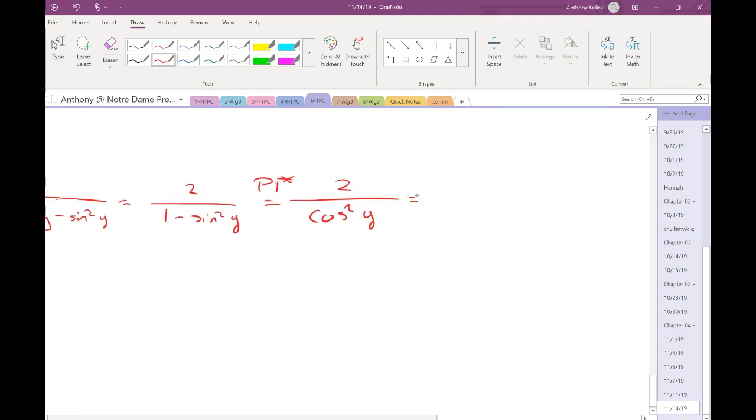Then there's one more thing to do. What was that, Brian? R5. Good. What is R5 going to give us then? Secant squared. Wow. Look at what R5 says.